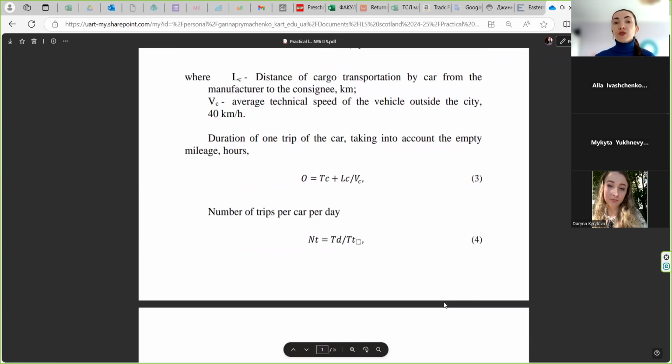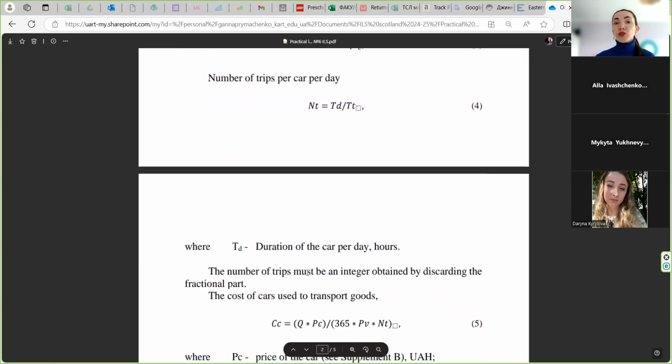And we have in the methodology such information that the number of trips must be an integer, obtained by discarding the fraction part. So if you have, for example, 1.5 trips, you discard the fraction part and it is one trip. So we need to discard the fraction part.